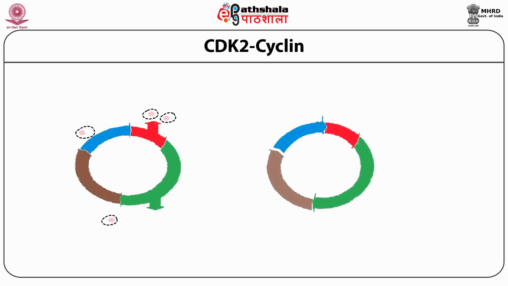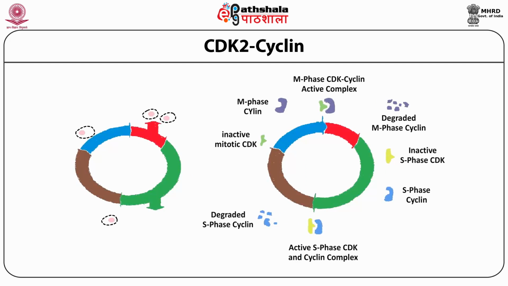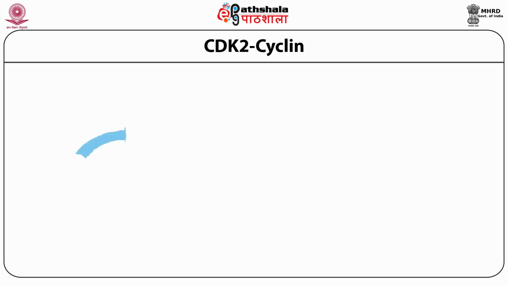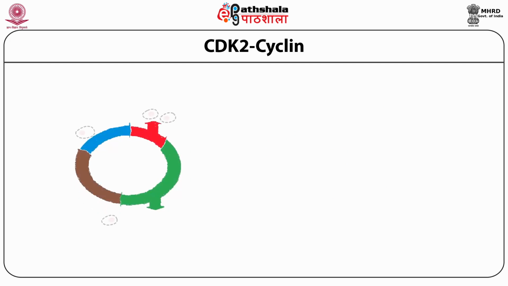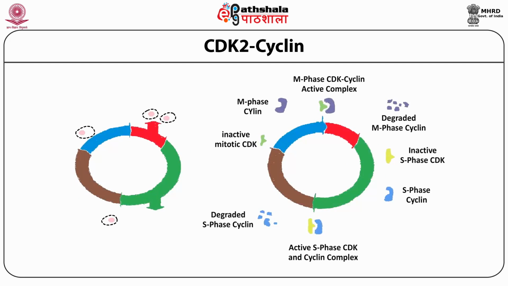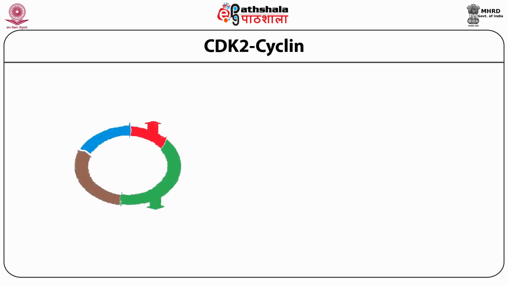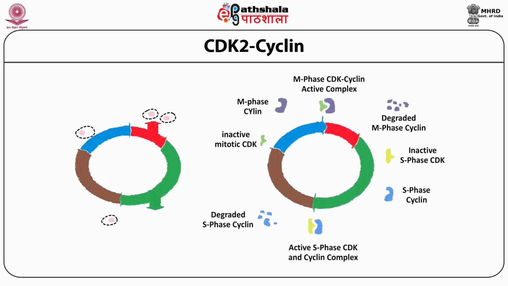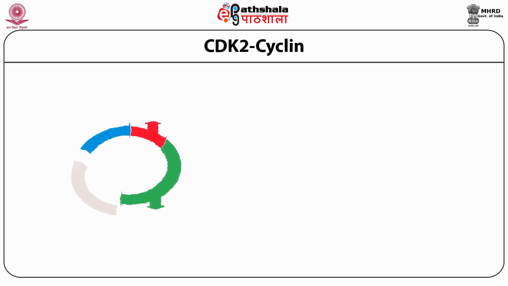In the middle of the G2 phase, specific cyclins are expressed and they bind to the cyclin dependent kinases and start phosphorylating several proteins, which pushes the cell from G2 phase to M phase. And as soon as it enters into the M phase, this complex is degraded.